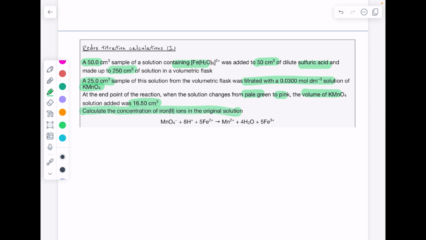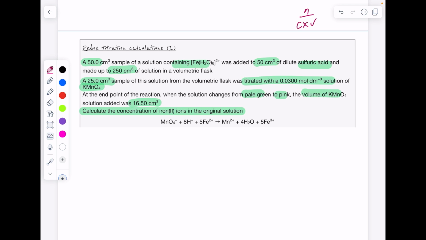We're being asked to calculate the concentration of iron 2 ions in the original solution, and here's our equation. So it does seem quite complicated. What we are going to start by doing is calculating the number of moles of KMnO4 that react. That will be quite straightforward, remember, because we're going to use the equation which states that concentration times volume equals the number of moles.